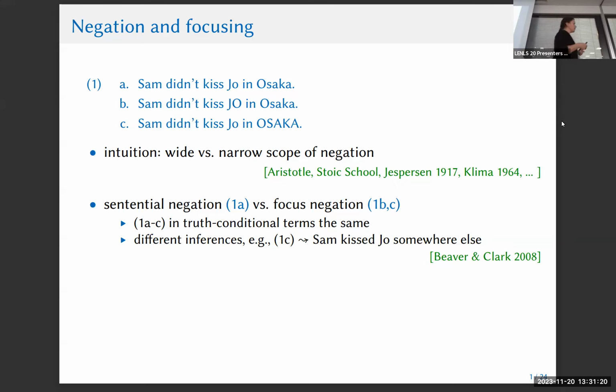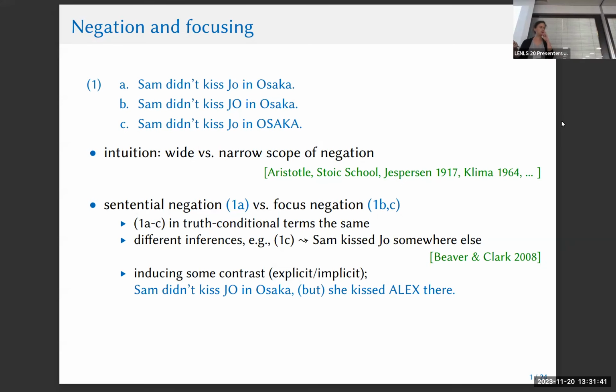This phenomenon is known and talked about by Beaver and Clark, but it's still relatively underrepresented in the linguistic literature. Beaver and Clark capture the differences in different inferences, like 1C comes with the inference that Sam kissed Joe somewhere else, as opposed to 1A. It is also often talked about in terms of contrast and denial.